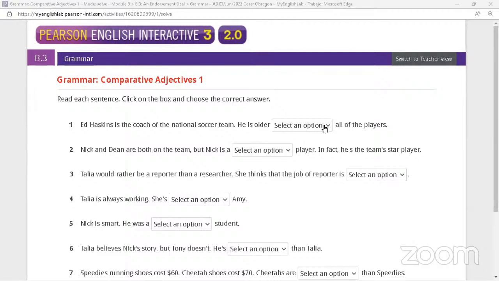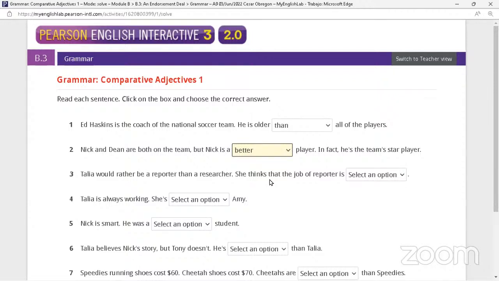Ed Hoskins is the coach of the national soccer team. He's older than all of the players. Nick and Dan are both on the team, but Nick is, in fact, the team's star player. He's a better player.